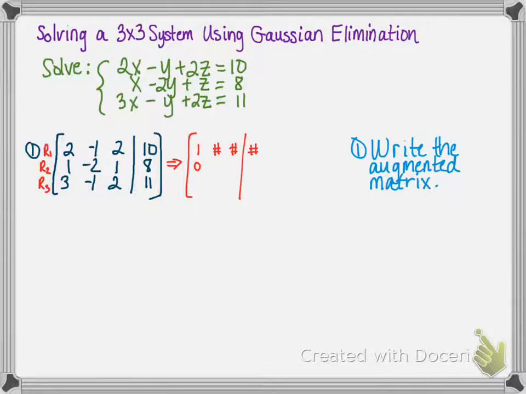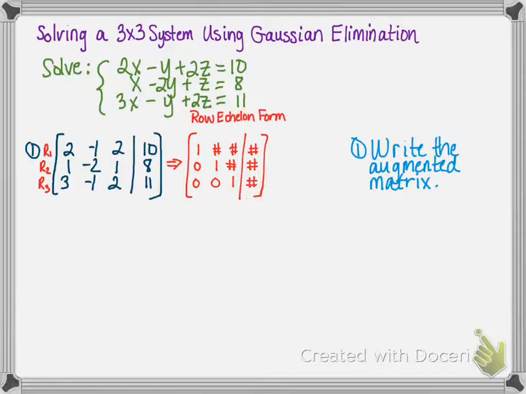Then I have a 0 under the 1, and my second row, second column element is a 1, and the other numbers are just whatever numbers they end up being. And my third row looks like 0, 0, 1, and then I have a number on the right-hand side. So this red matrix is what I want to turn my current matrix into using row operations.